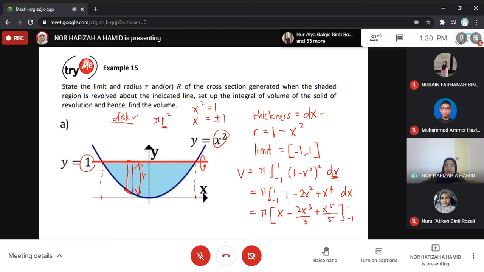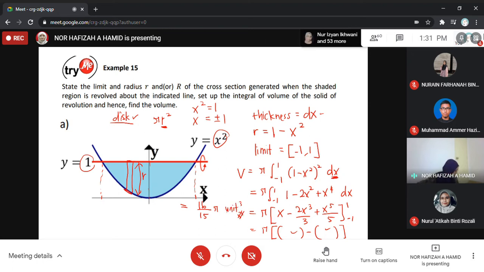Okay, so limit negative 1 until 1. Okay, lepas tu nanti you calculate. So nanti exam you kena tunjuk you substitute dia upper dengan lower limit ni. Substitute upper and lower, lepas tu answer dia nanti equal to 16 over 15 pi unit cube.